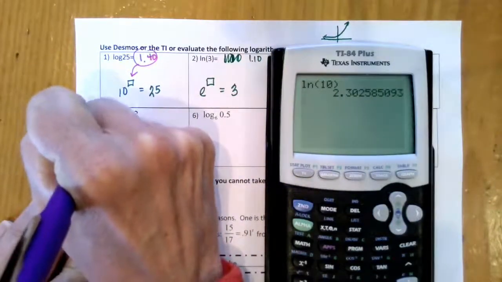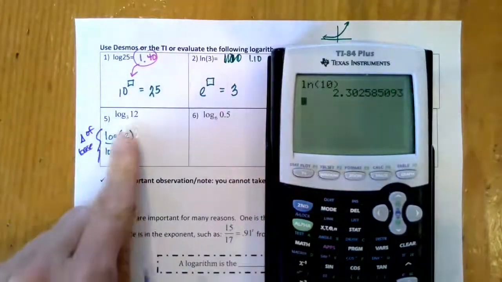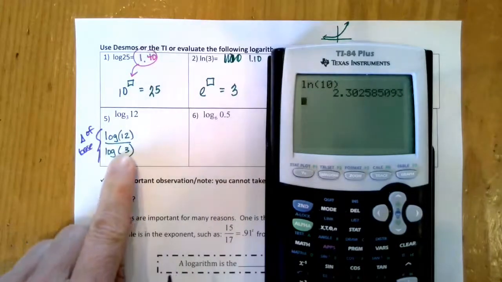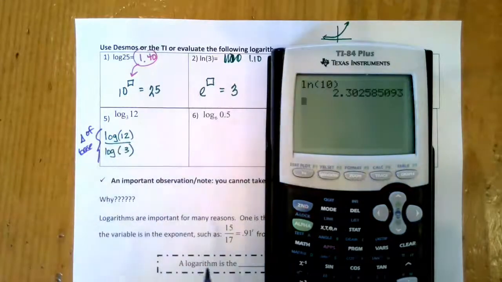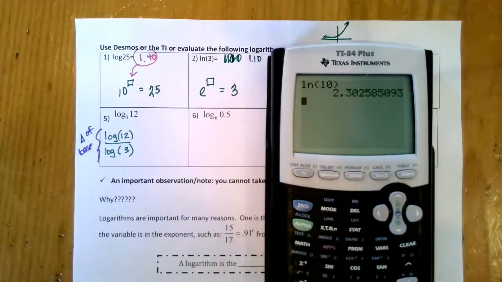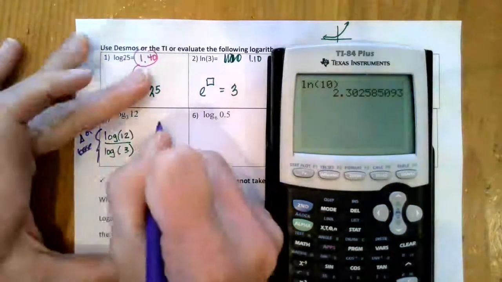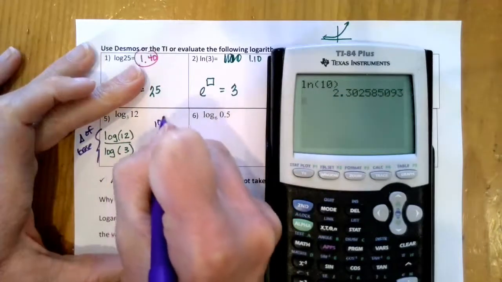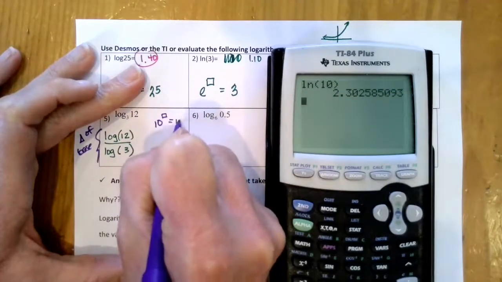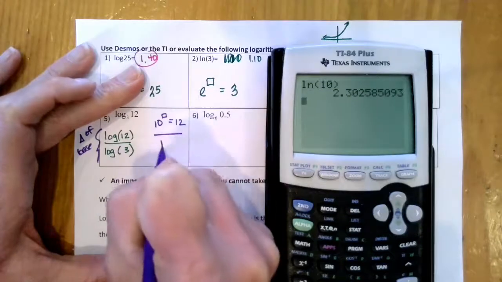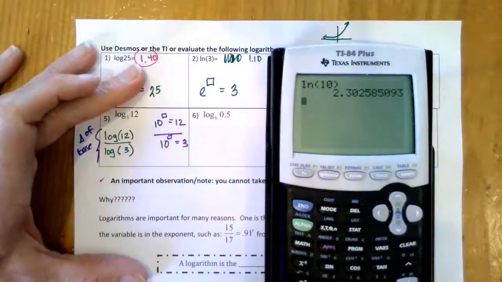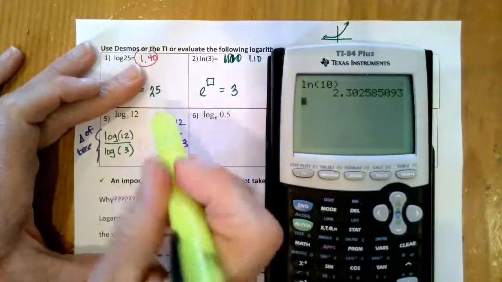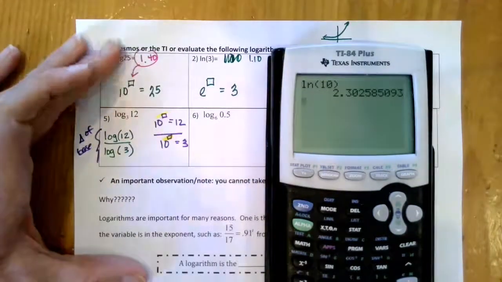Change of base formula, where I go ahead and take the log of the base, that one goes to the bottom, and I take the log I'm looking for. Remember, every time I say the log, I'm saying the word exponent. So I'm asking myself, 10 to the what power over 10 to the what power is equal to 3, and my job is to figure out what goes in these boxes.